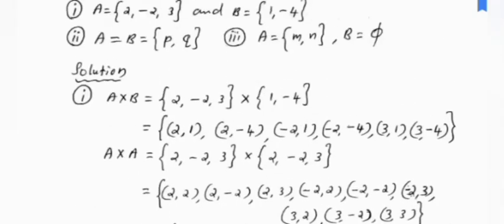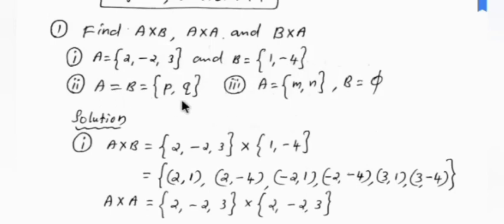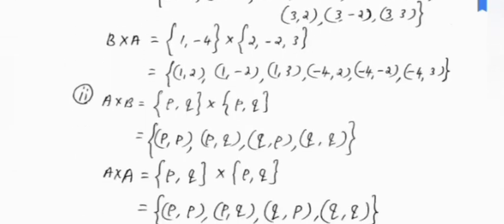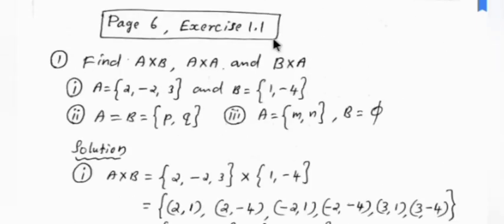In the second question, A and B are equal. Then take the cross product. First one, (P, P). First one, second one, (P, Q). Second one, first one, (Q, P). Second one, (Q, Q).